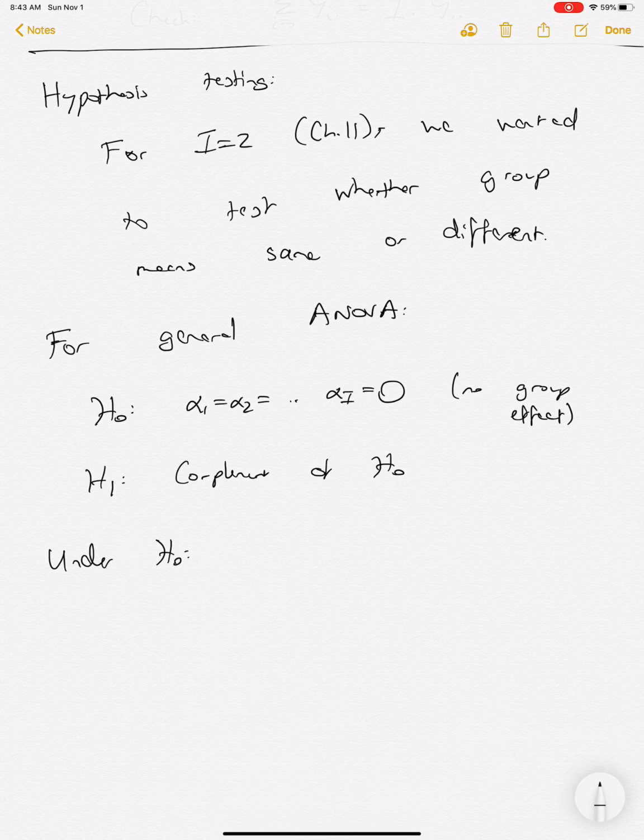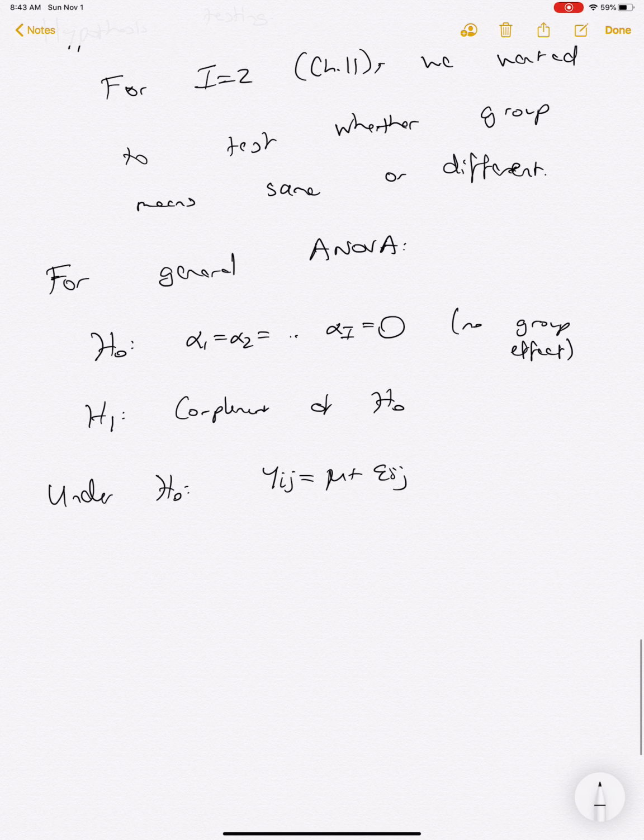we have this model that Yij equals mu plus epsilon ij. And if we look at H0 union H1, which is the complement plus, we have this model.